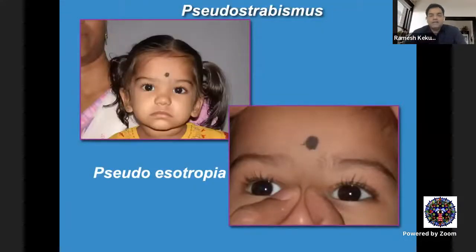So another point you need to remember is the position of the lids. Lids and the globe position is very important. In this patient, you can see a very broad nasal bridge and also epicanthal folds, a very typical feature of pseudo-esotropia.